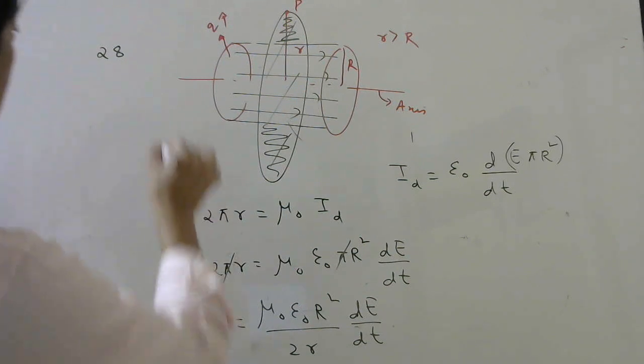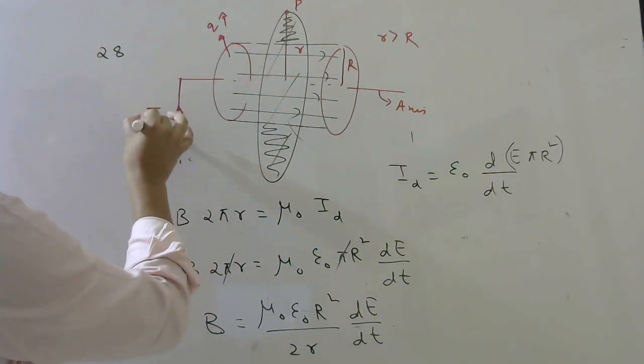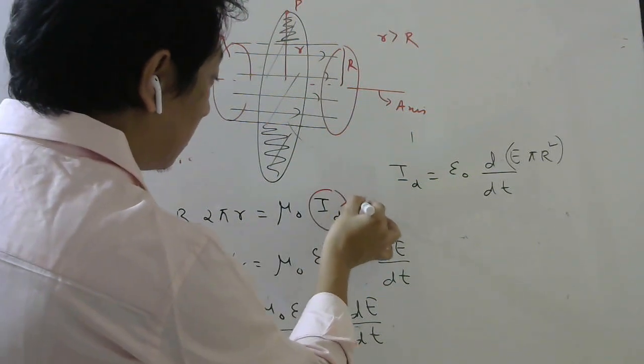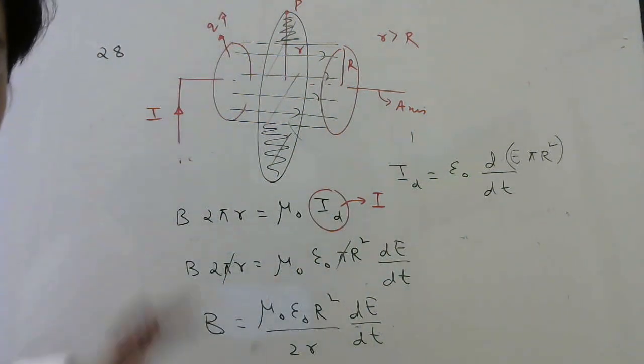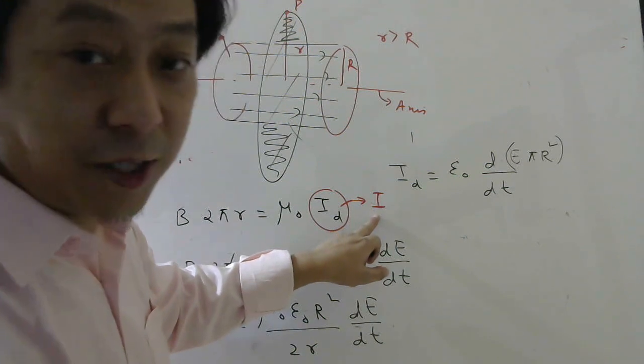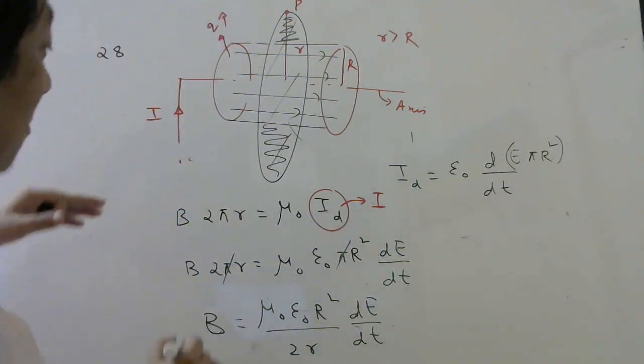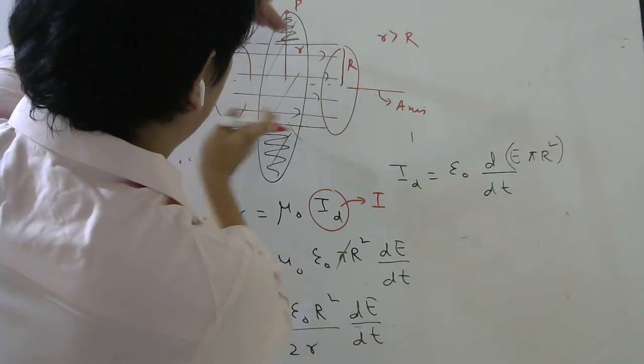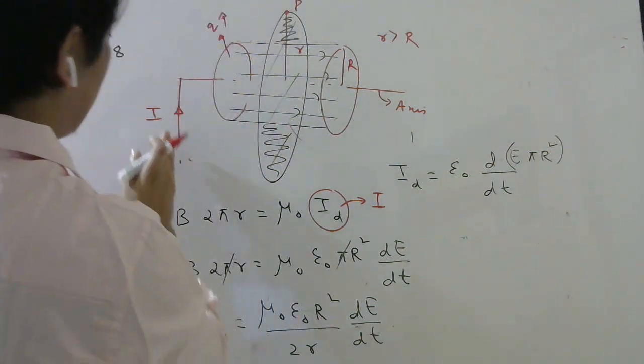By the way, let's say you want to write in terms of the actual current, then your actual current will be this only now. So if you can find the actual current, then this itself will be your actual current. Yes or no? Because this time we have to find only current here, and that current is the same as the current coming here.